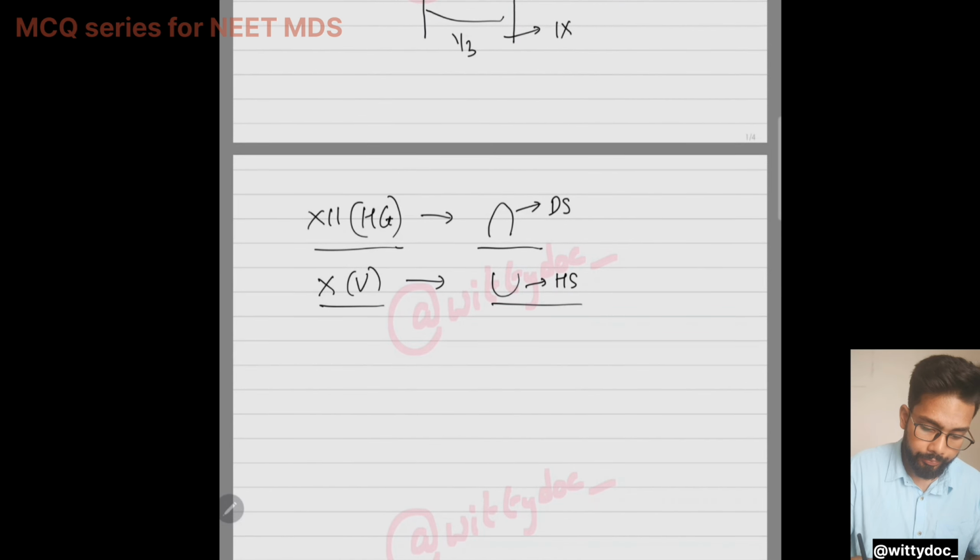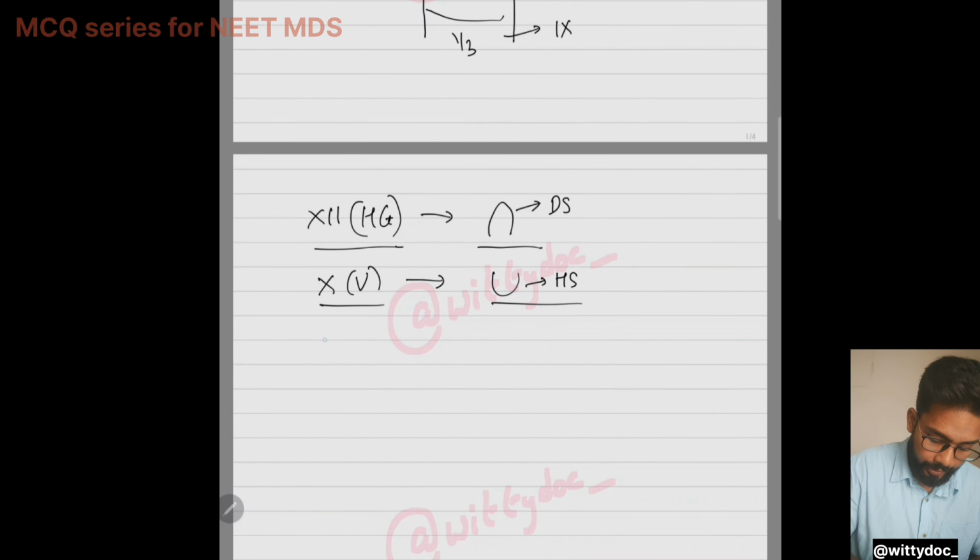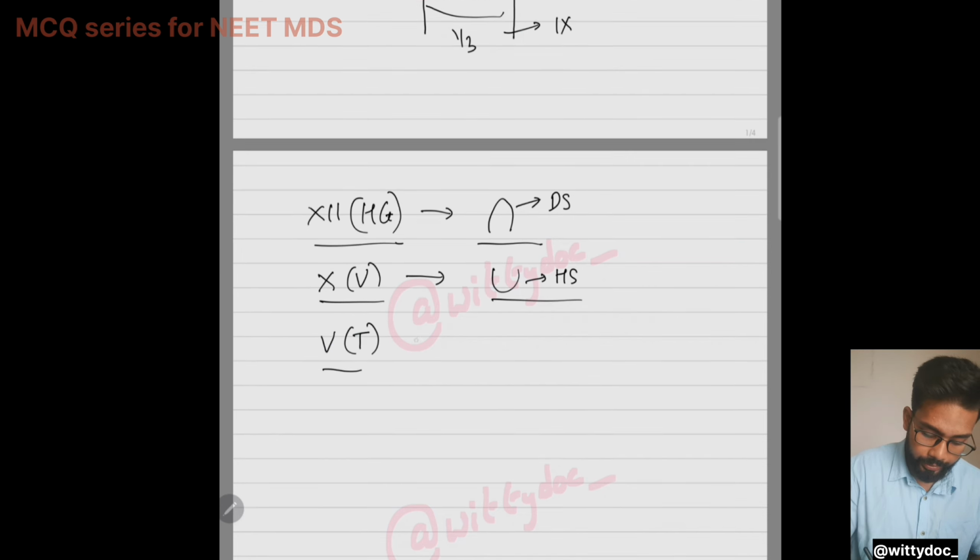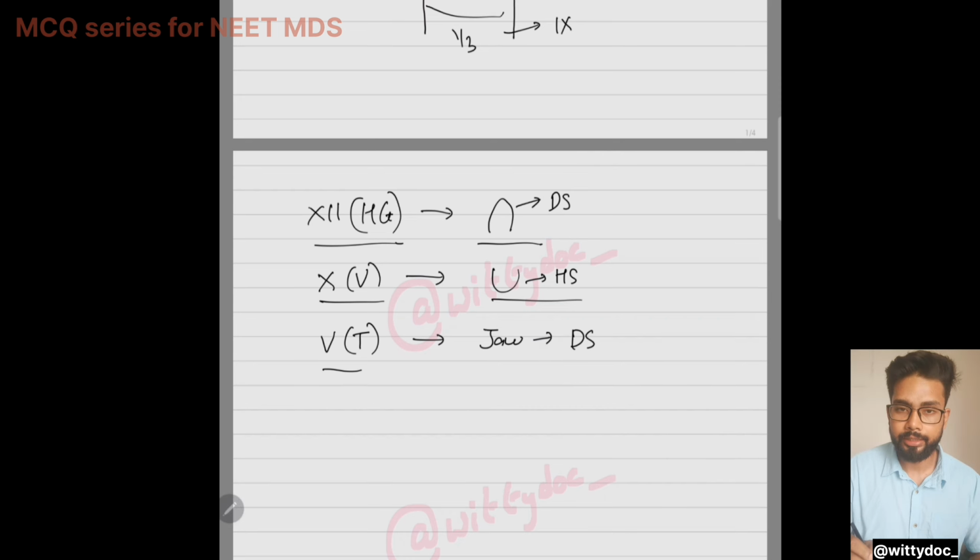Next, we have V3, the trigeminal nerve, which is the 5th cranial nerve. This trigeminal nerve, remember, involves the jaw. Any lesion of the trigeminal nerve will lead to deviation of the jaw towards the diseased side.